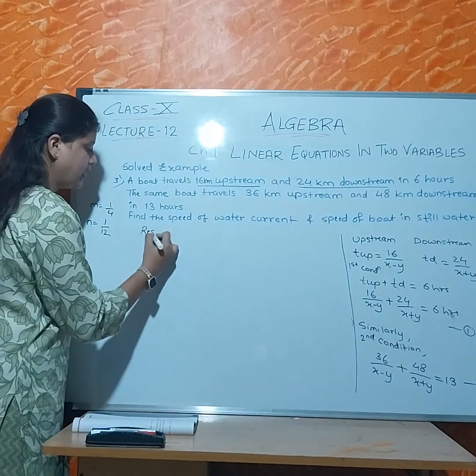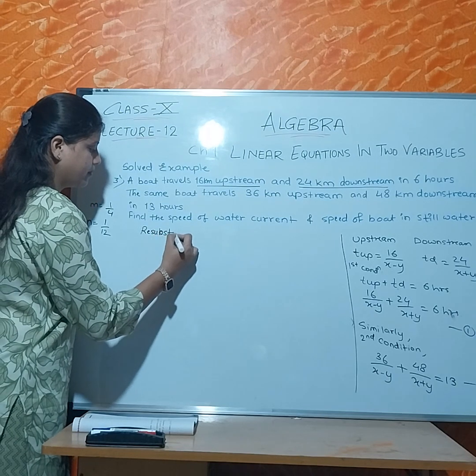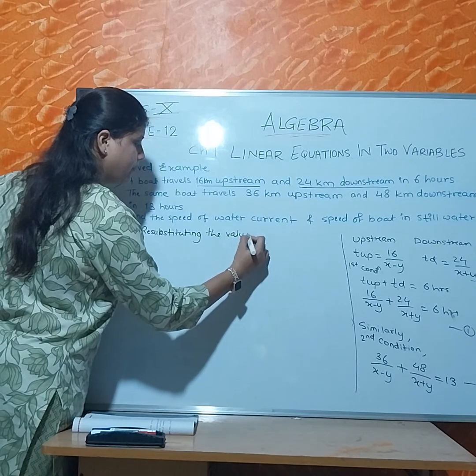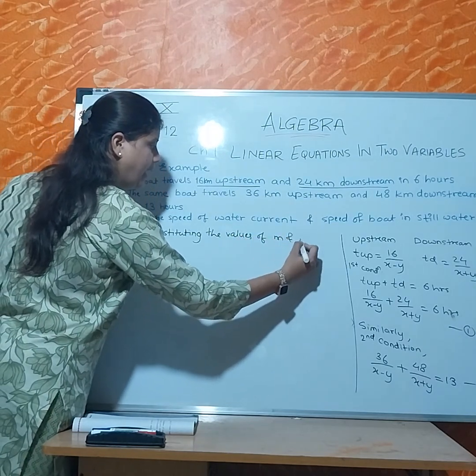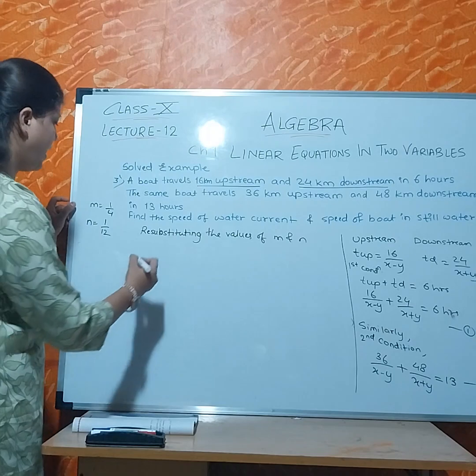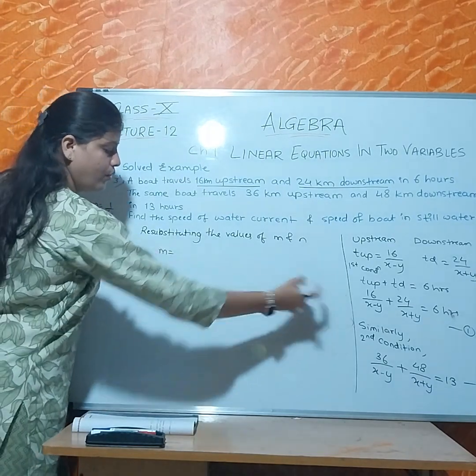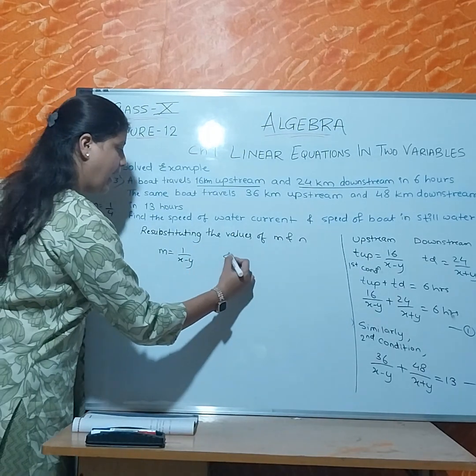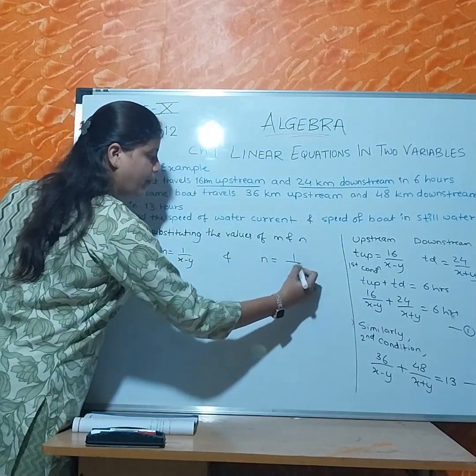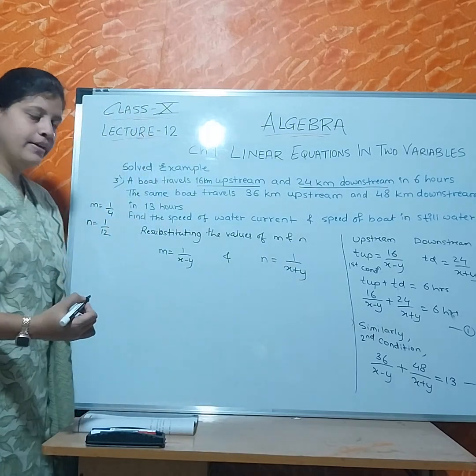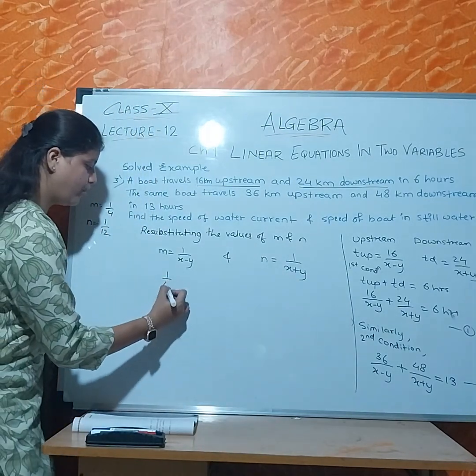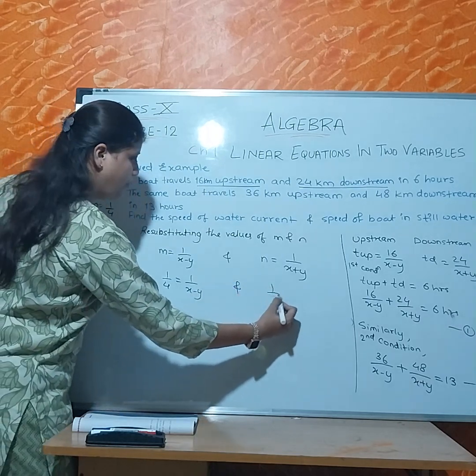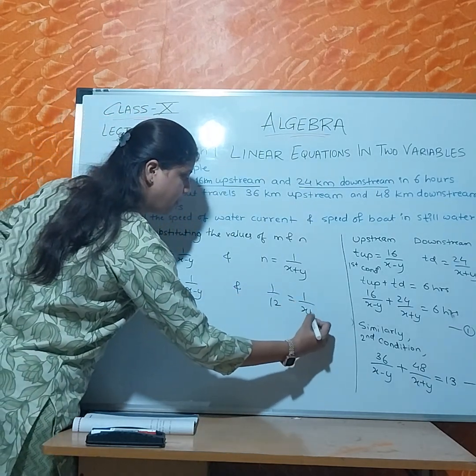Resubstituting the values of m and n. m is equal to 1 upon x minus y, and n is equal to 1 upon x plus y, right? So m is 1 upon 4 is equal to 1 upon x minus y, and n is 1 upon 12 is equal to 1 upon x plus y.